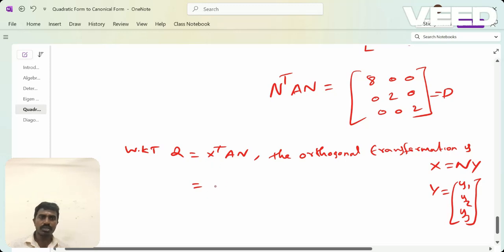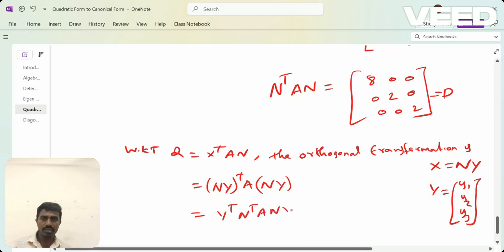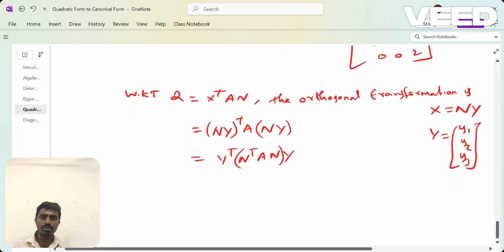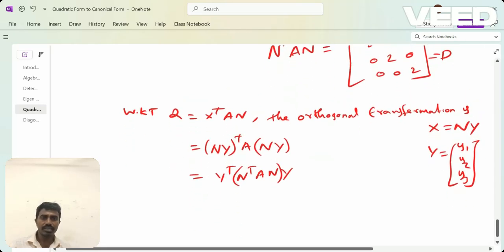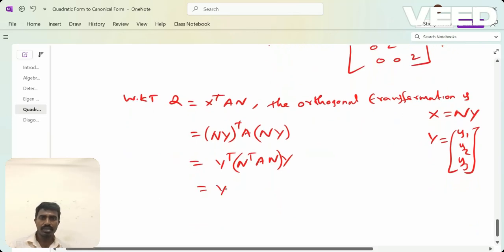Now, if you substitute X equals N Y, then (N Y) whole transpose A N Y. Then what do you get? (AB) whole transpose is B transpose A transpose. So Y transpose N transpose A N Y. Matrix multiplication is associative. So N transpose A N is D. If you substitute D here, then Y transpose D Y. What is Y? Y is Y1, Y2, Y3.